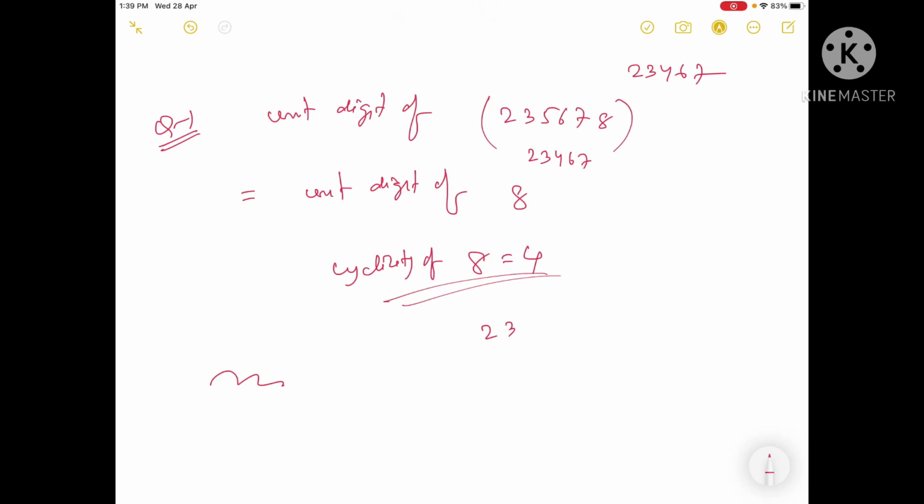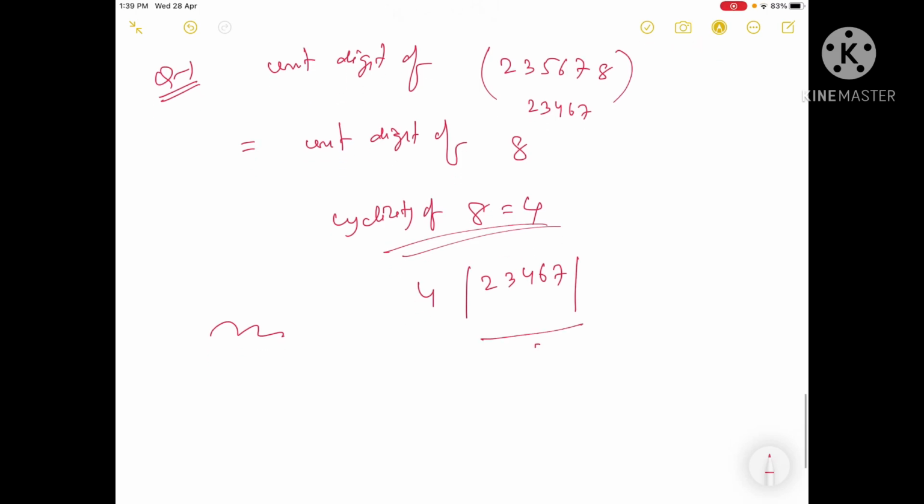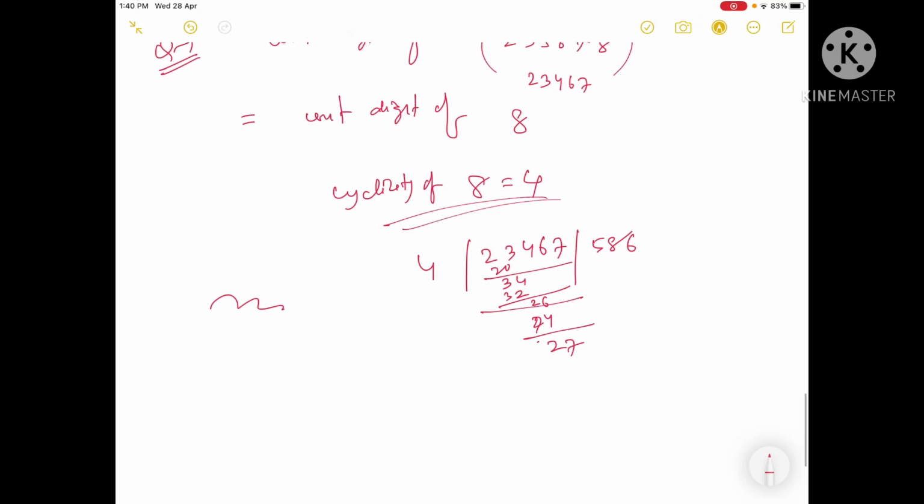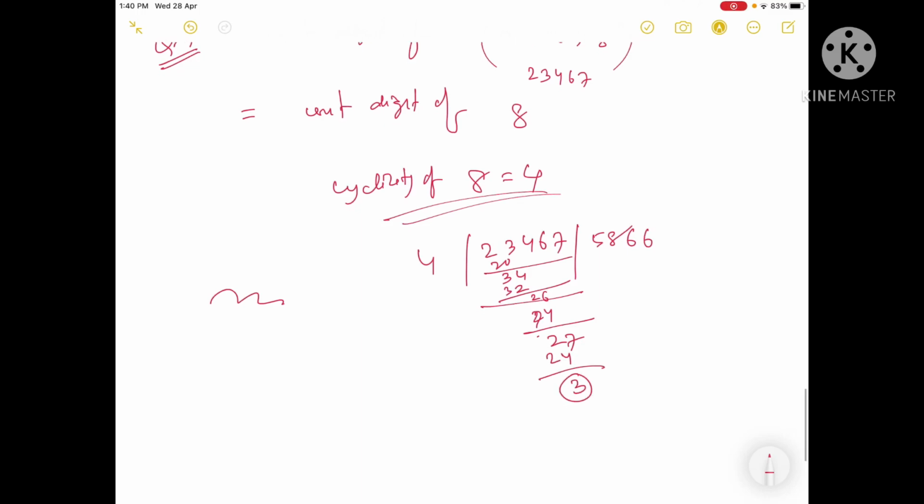Now take the power, 23467, divide it by 4 and get the remainder. 4 into 5 is 20, 4 into 8 is 32, then 27, 4 into 6 is 24, and again 4 into 6 is 24, and the remainder is 3.